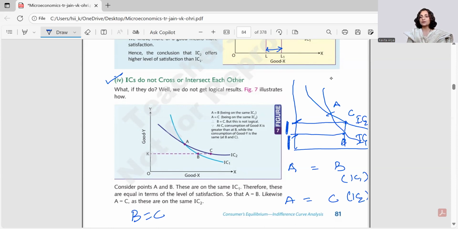Hence, our supposition is wrong, and two ICs can never meet or intersect each other. So they have taken points B and C here, and point A here. They want to show that A and B are equal and A and C are equal, but B and C can never be equal because C is giving you this much extra of X.